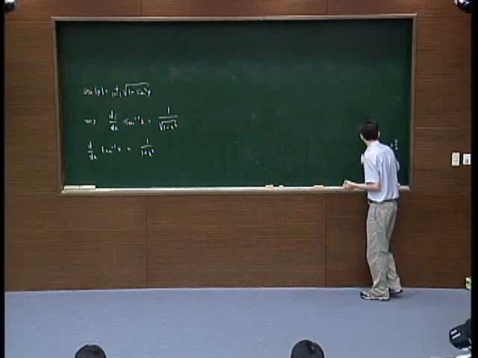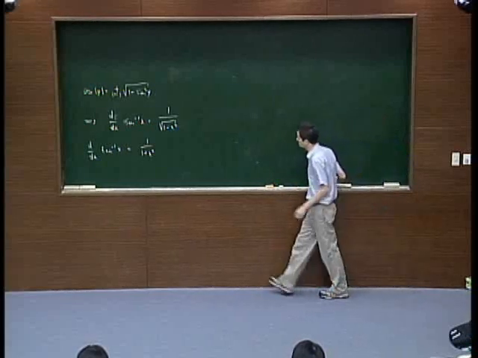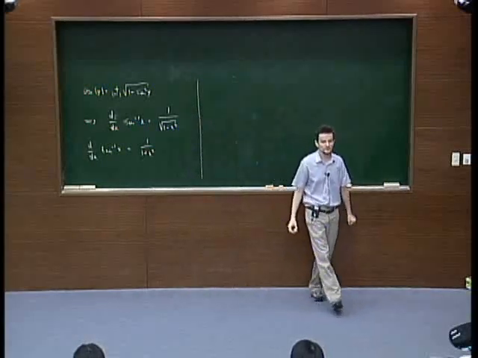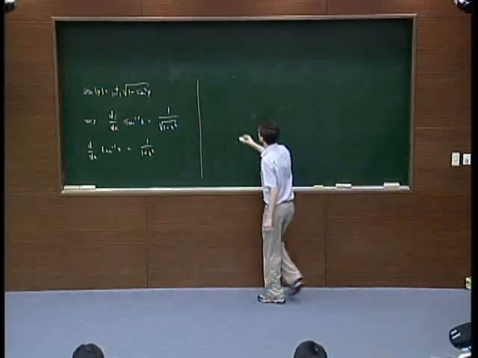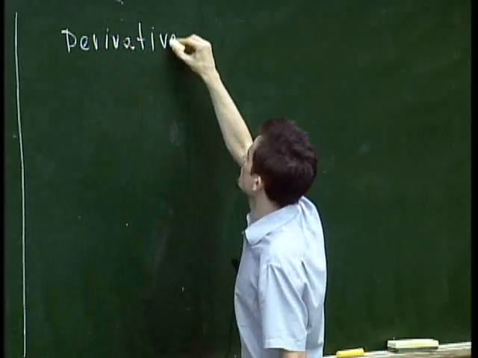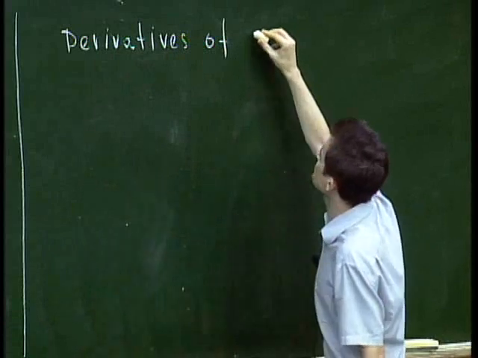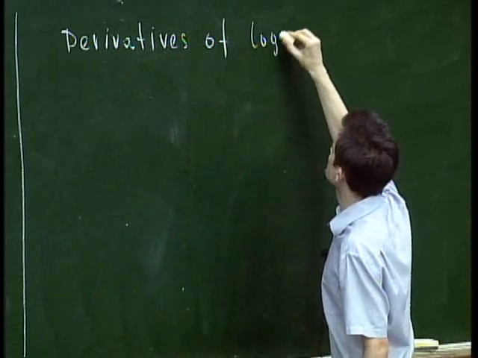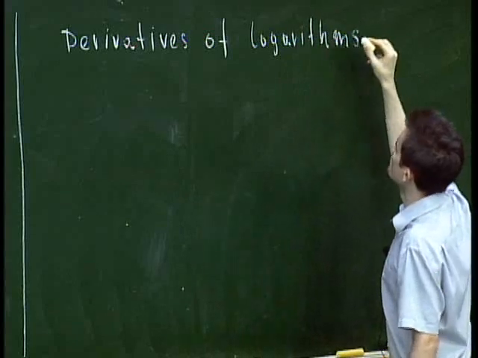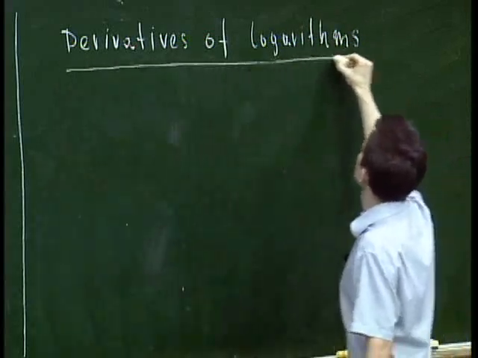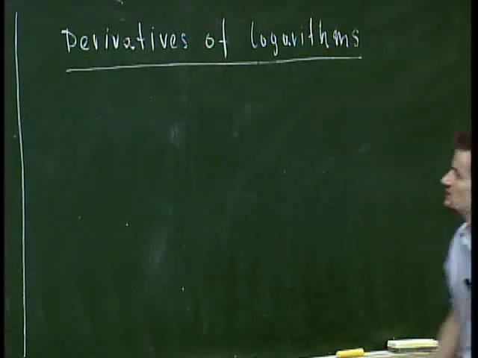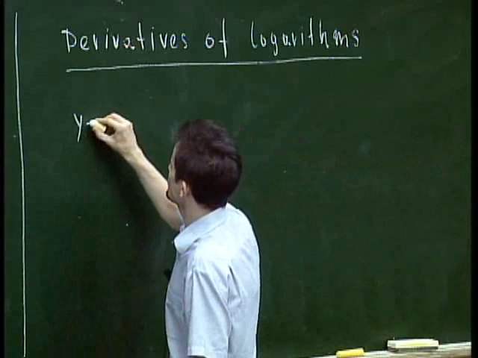Now we can apply the same for other inverse functions. Another class of inverse functions are logarithmic functions. So the derivatives of logarithms, this we can now easily handle by the method of implicit differentiation.